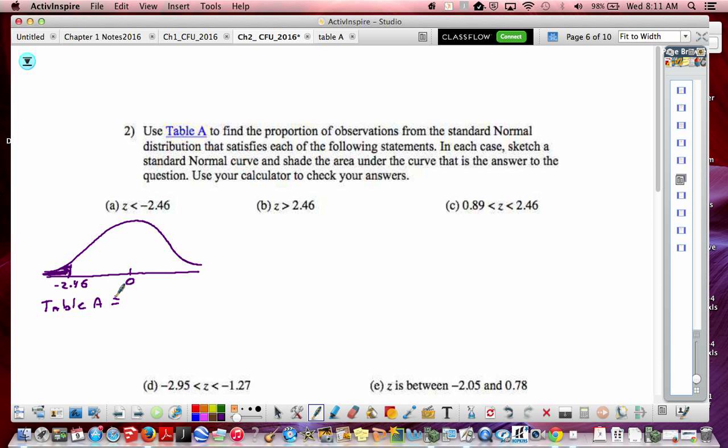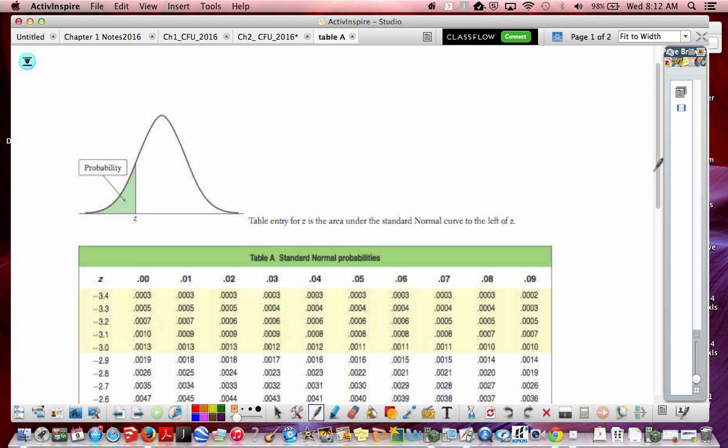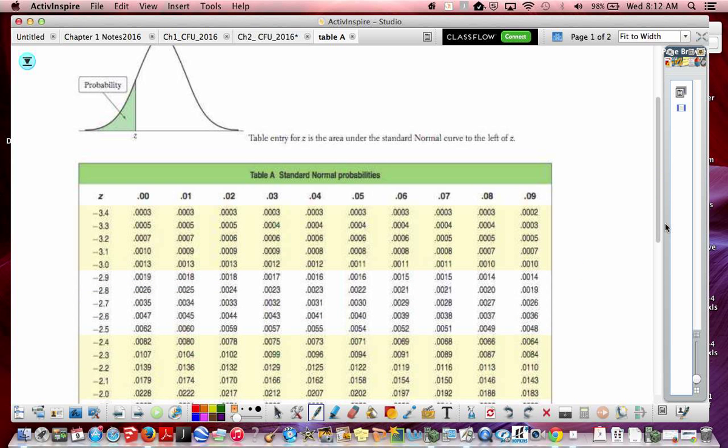Table A, what's nice about table A, remember the values in the table represent the area, while the values going here and here are your z-score that corresponds to it. So now I'm looking for negative 2.46. So here's negative 2.4, and then this would be 2.40, 2.41, and so I'm going to go all the way out to 6.